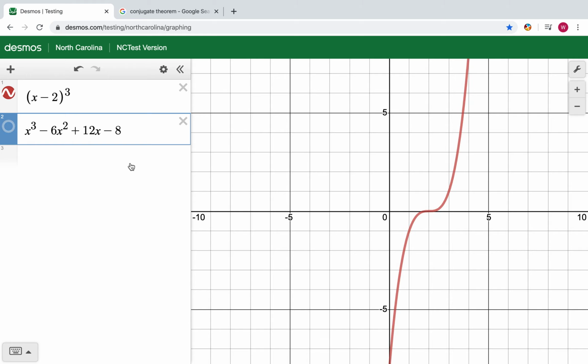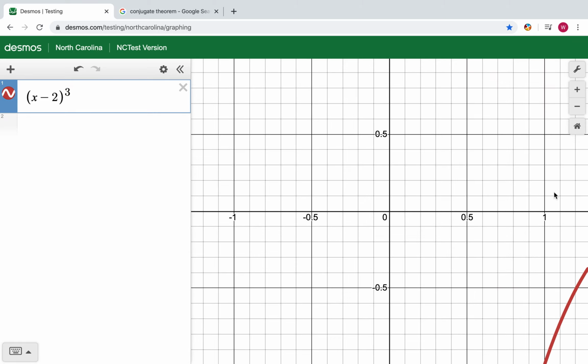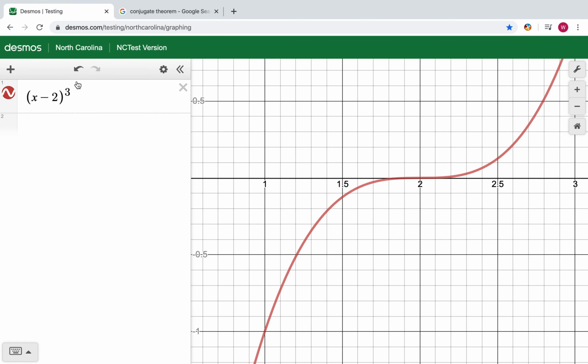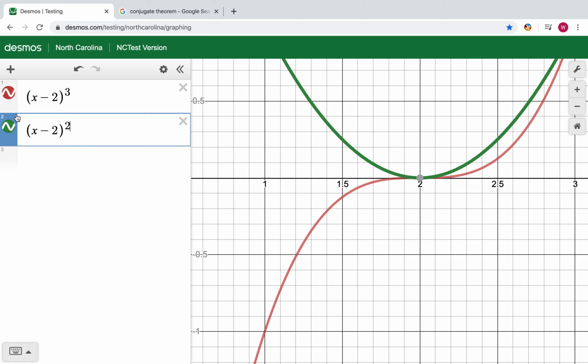Okay. Now, also another thing you're going to see from this red graph when we get into multiplicity is the graph doesn't go through. Okay. When it gets to 2, it's like it touches it. Okay. A better example of this is x minus 2 squared.